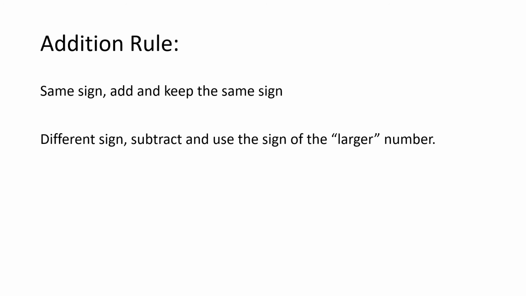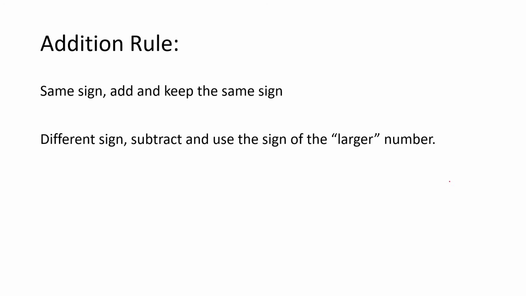If we're adding numbers with the same sign, we're going to add them and then keep the same sign they share. And another rule is if we're adding two numbers with a different sign, so let's say we're adding a negative and a positive, or a positive and a negative, what we're going to do is subtract and then use the sign of the larger number.